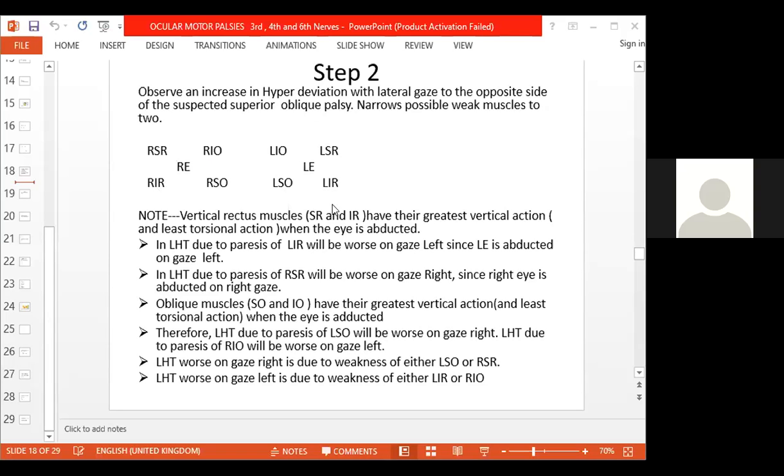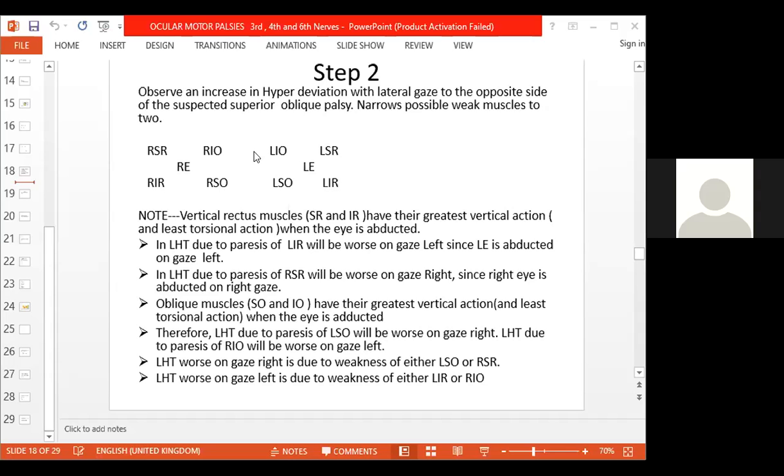So when you look to the right side, the main muscles in this eye will be the right superior rectus and the right inferior oblique. They help the right eye to look to the right. In the left, it will be the left inferior oblique and the left superior oblique.